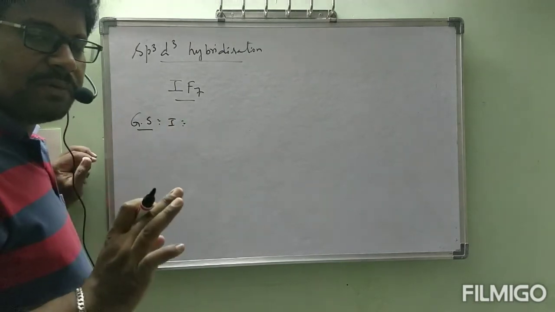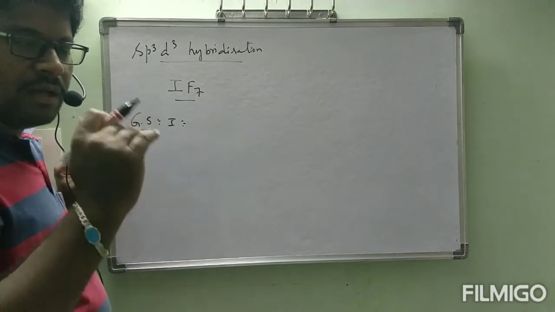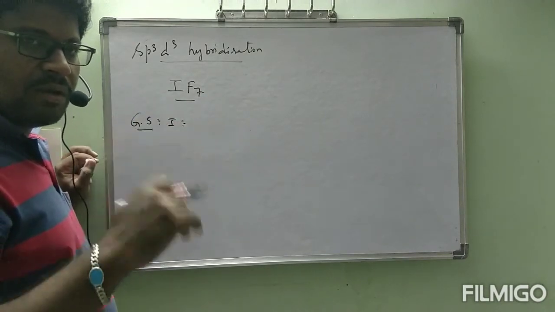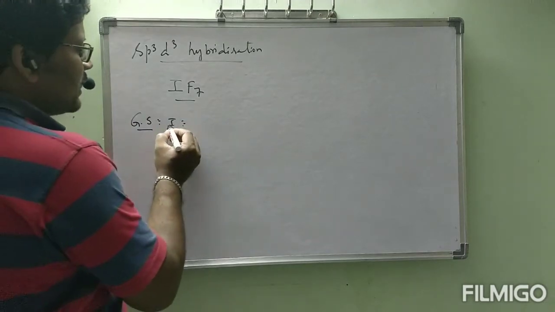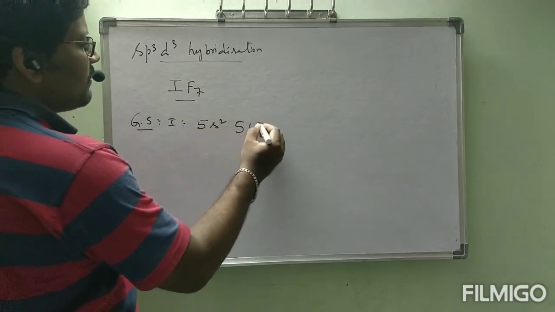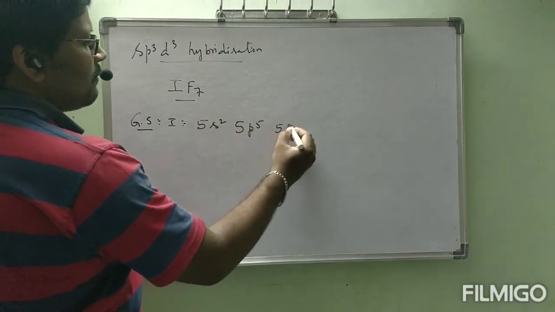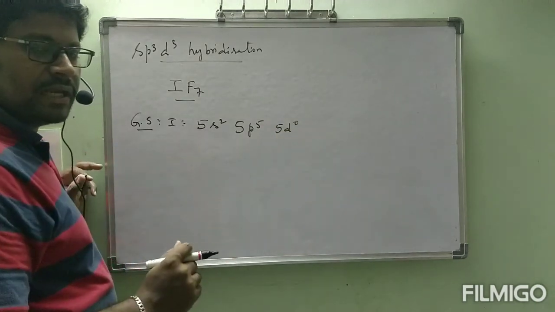Fluorine 2s2 2p5, chlorine 3s2 3p5, bromine 4, iodine 5. So iodine electronic configuration is 5s2 5p5 5d0.